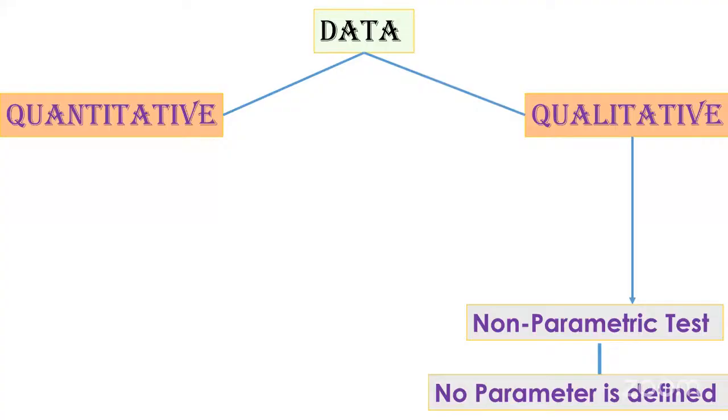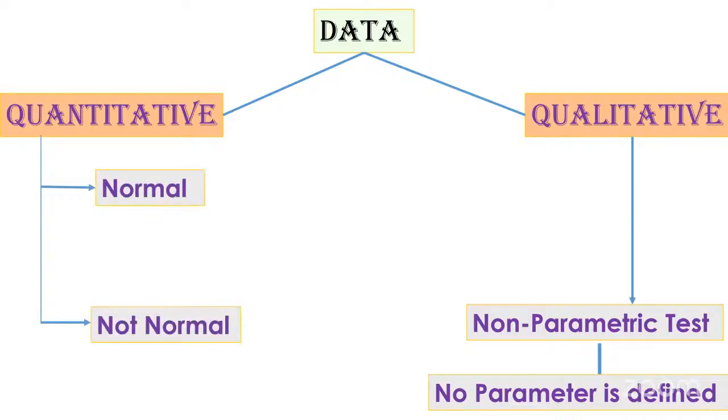For example, like gender, male, female, it is not feasible to compute mean and variance for that data. If it is of ordinal scale, rating from 1 to 5, which says very dissatisfied to very satisfied, the level of scale, again in that, we cannot find mean and variance. So it comes under the category of parameter not defined. Hence, that type of data comes under non-parametric test.